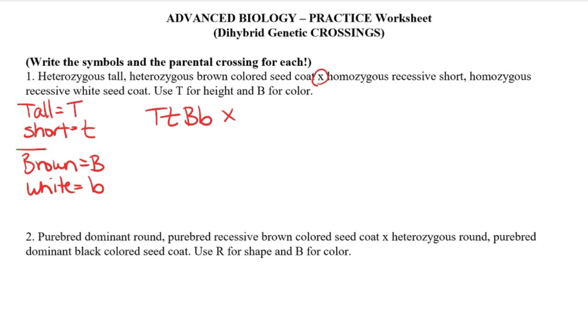So my height, the only way it can be short would be two little t's, keeping my first trait listed first. If you start mixing them up, it's going to get a little confusing. So just keep everything in the same order. And then homozygous recessive white, so two lowercase b's. So there's my symbols and my parents.